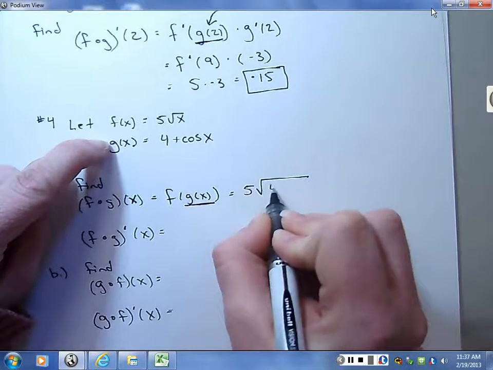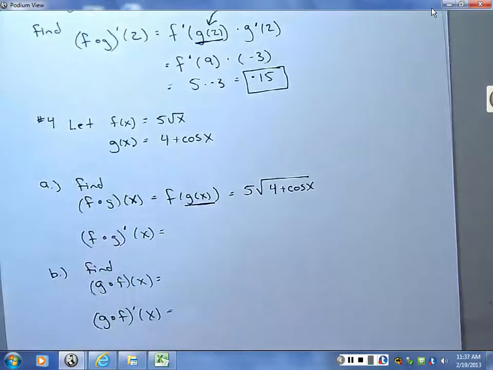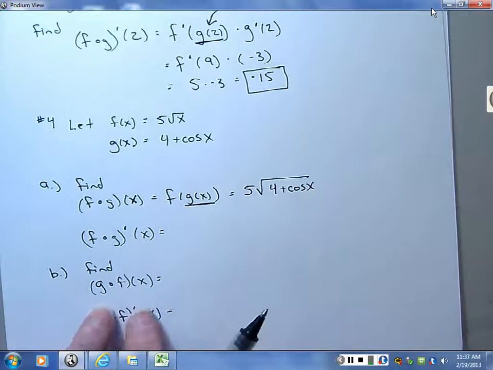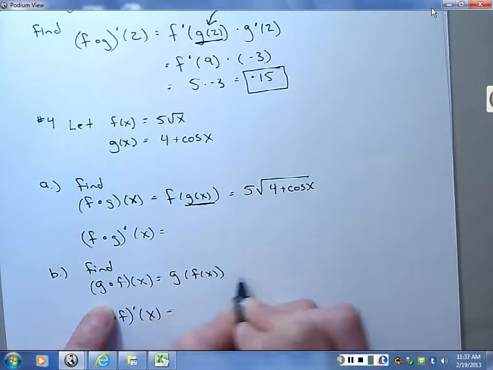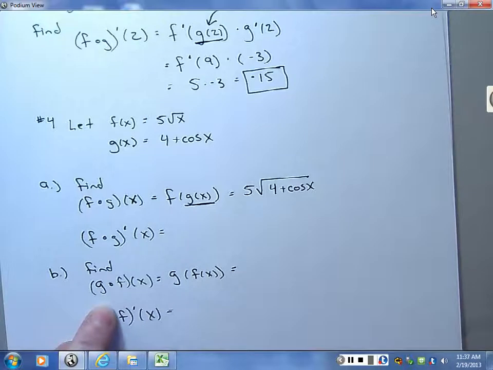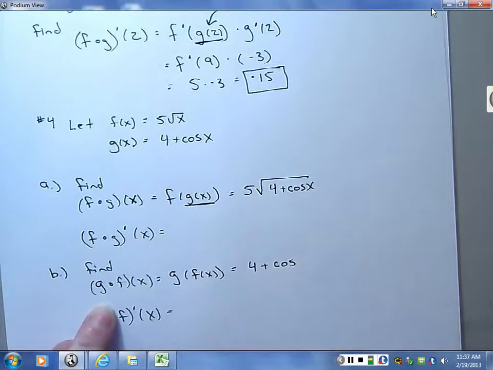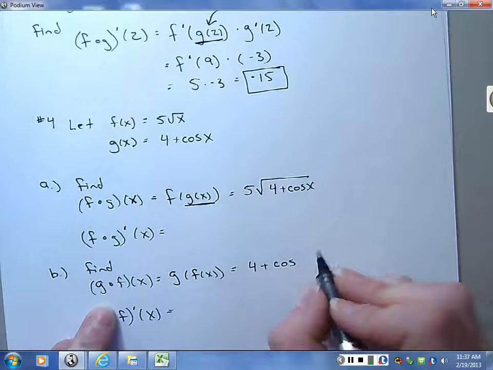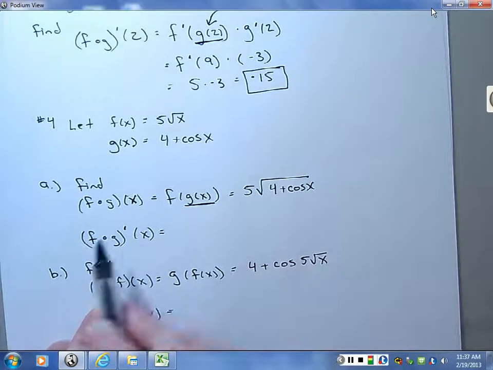You guys see that? What about g of f of x? This would be g of f of x, 4 plus cosine. Perfect.